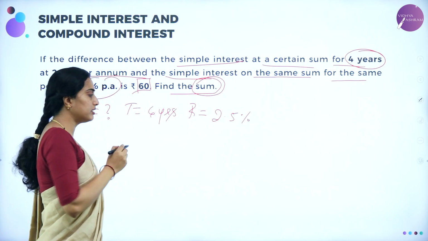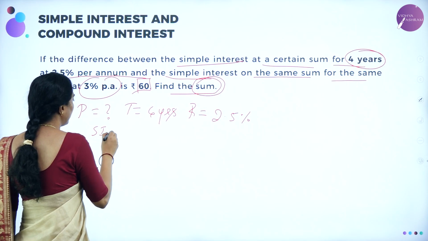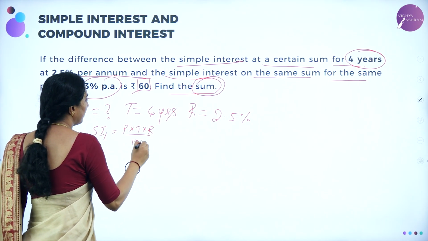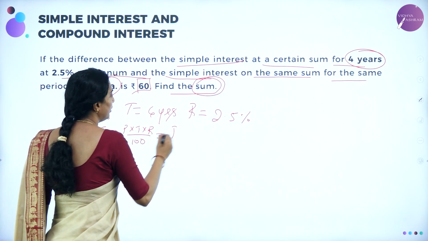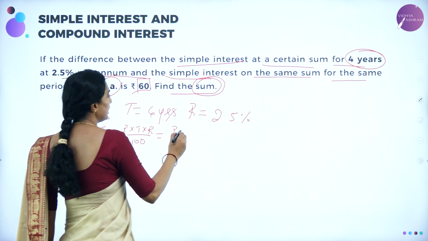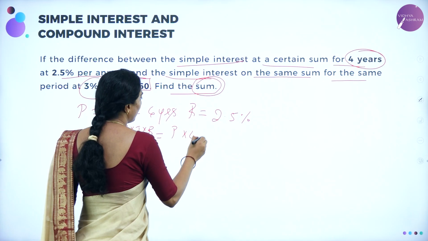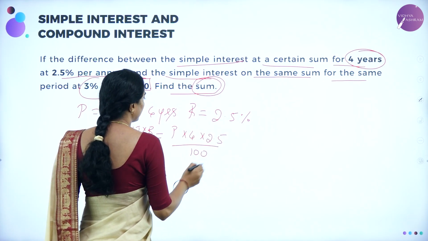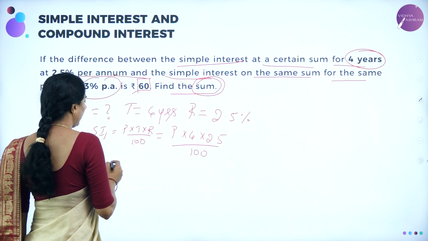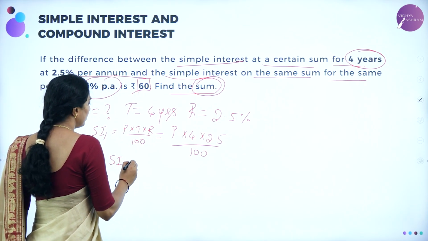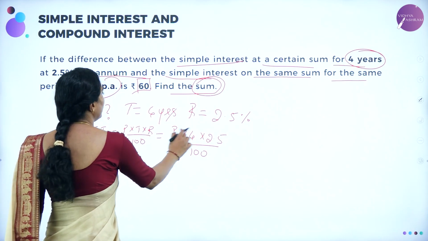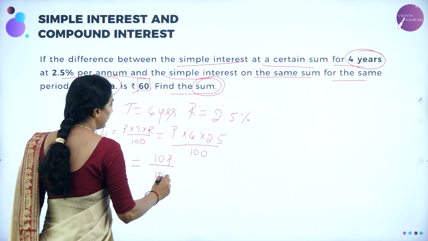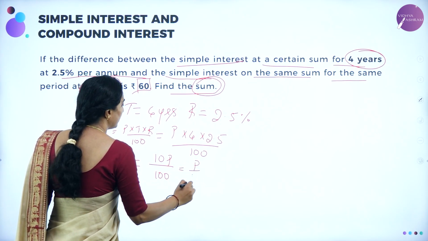So, let me calculate simple interest 1, SI1, which is PTR divided by 100, which will be equal to P, we don't know, and T is 4, and 2.5 divided by 100, correct. So here you are going to have SI1 equal to 4 into 2.5, which is 10 P divided by 100, which will be equal to P divided by 10.